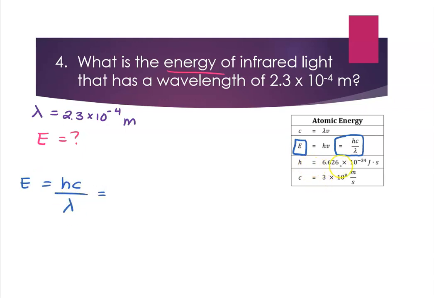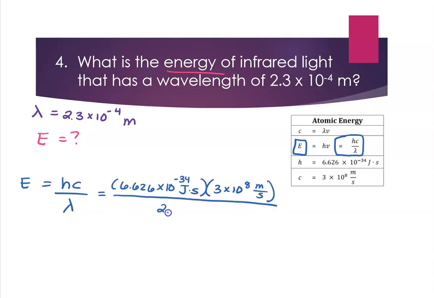So the h value is given to me here, 6.626 times 10 to the negative 34 joule seconds. And then c is 3 times 10 to the 8th meters per second. And then I divide by the wavelength, which is 2.3 times 10 to the negative 4 meters. So we can put all of this into the calculator at the same time.